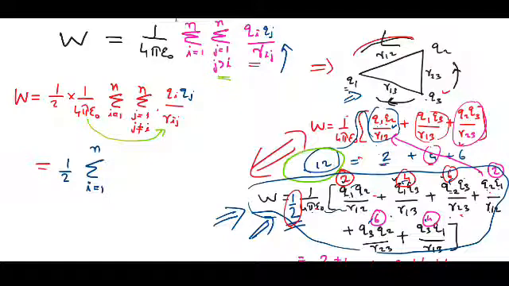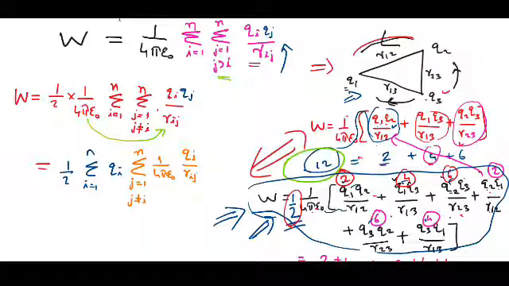This is equal to summation i is equal to 1 to n, I will take qi here, then summation j is equal to 1, j not equal to i, to n, and 1 by 4 pi epsilon 0 with qj by rij.